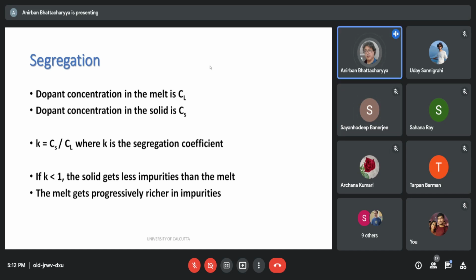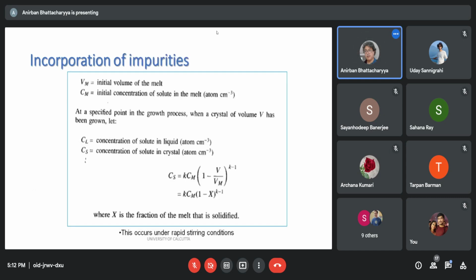So the same story happens here. If Vm is the volume of the melt, Cm is the initial concentration of solute in the melt.